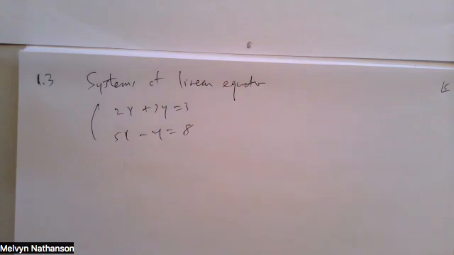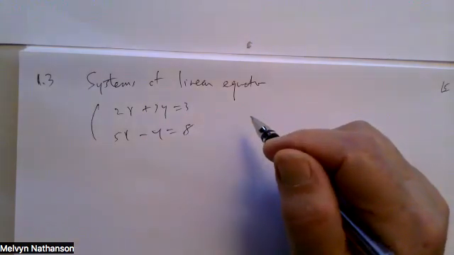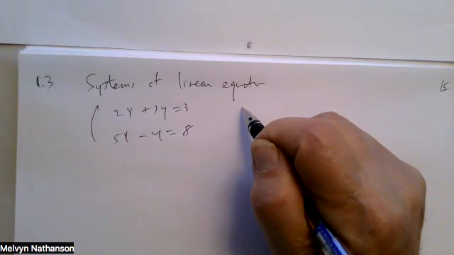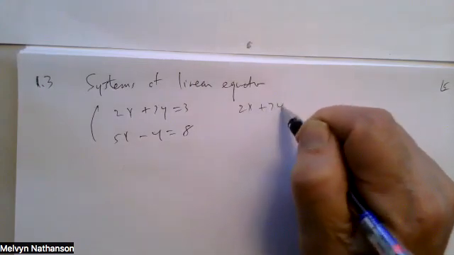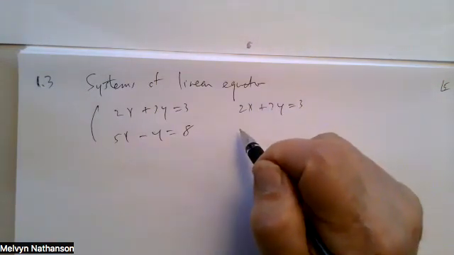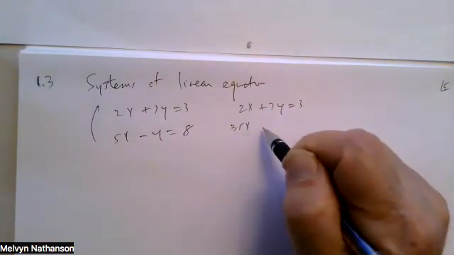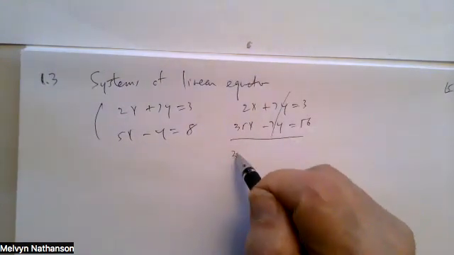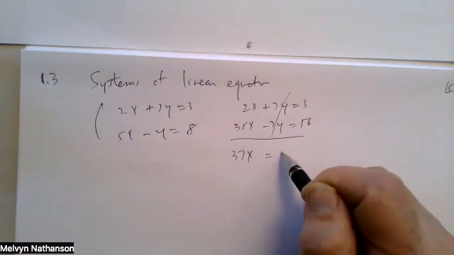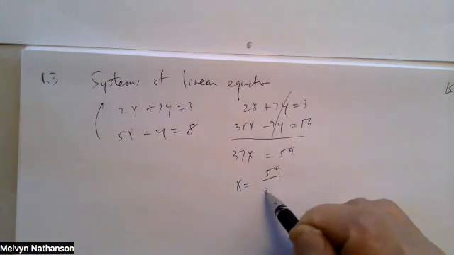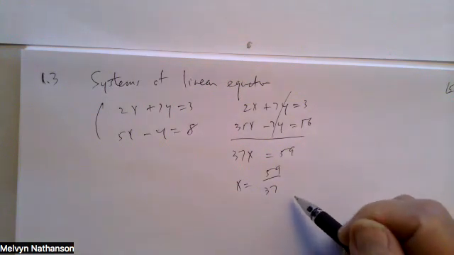Right? And you probably learned how to do this before you started Lehman. For example, you could eliminate the y. Here's the first equation. Take the second equation and multiply it by 7. Add, the y's cancel. You get 37x equals 59. So x is 59 over 37.